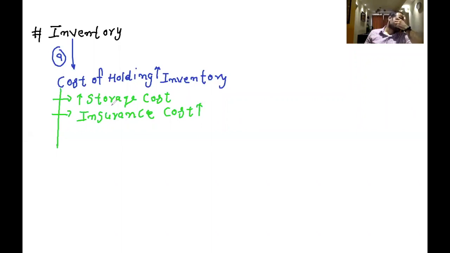In order to protect your inventory from any kind of fire damage in a factory, we will buy insurance. As a result, your cost will increase, which has negative impacts on company profitability. Next is obsolescence.